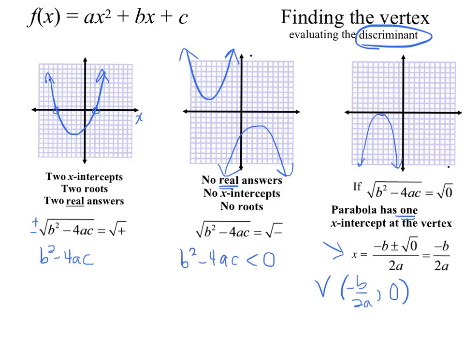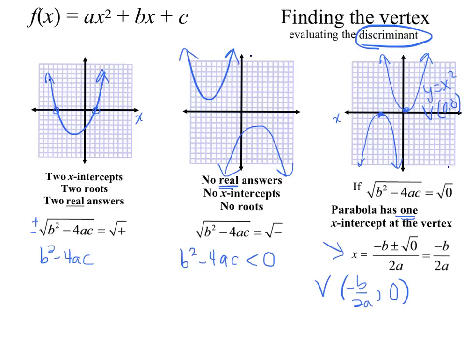That's the only way a parabola can cross the x-axis at only one point. A great example of that is our parent function of y equals x squared. We know that the vertex here is 0, 0, and it only has one coordinate point that crosses the x-axis here.